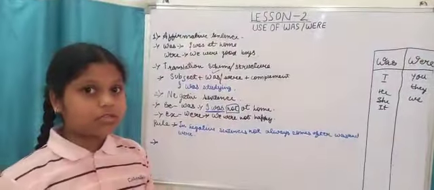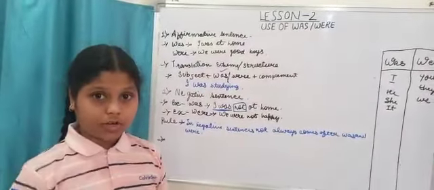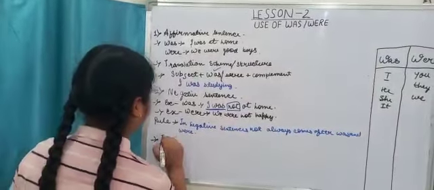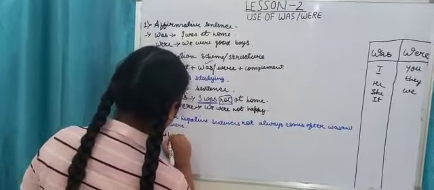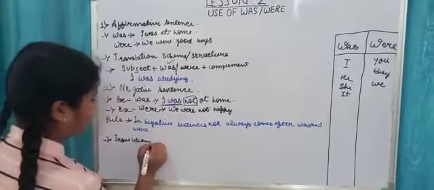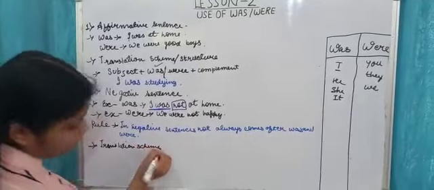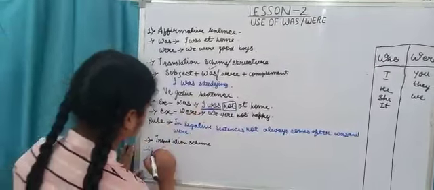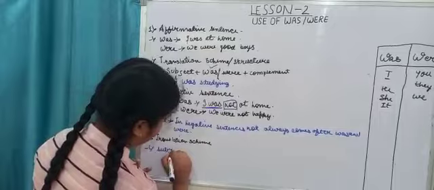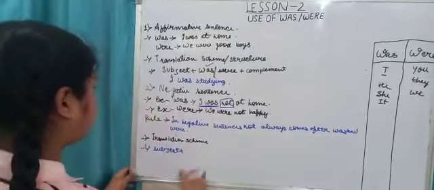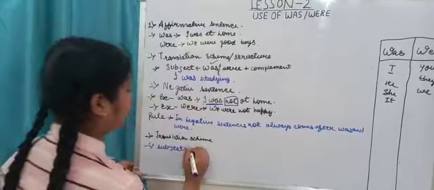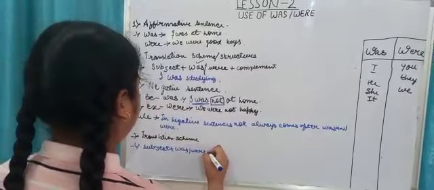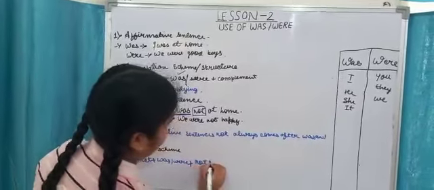Now take the translation scheme, the most important structure to convert any sentence to negative, interrogative, affirmative, etc. Translation scheme: firstly the subject has come, then was and were, and after that not, and after that the complement.